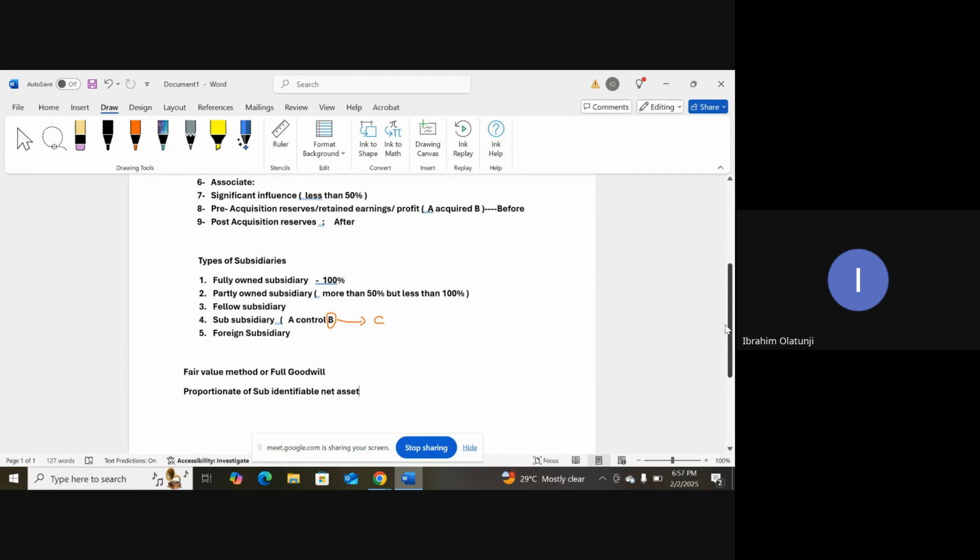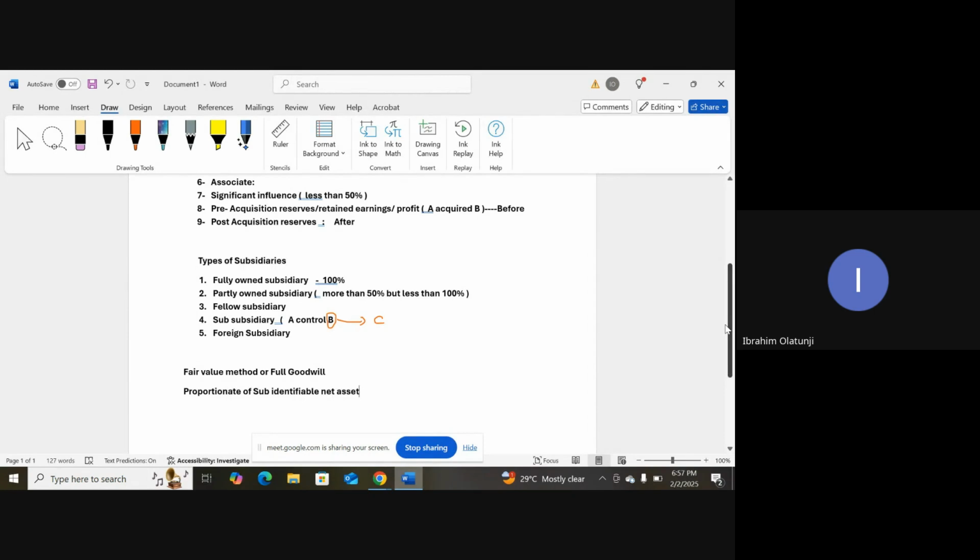You understand? You cannot just say, okay, they are giving you questions and you want to use any policy that you like, probably because you know one and you don't know the other. For the purpose of exam, we have to value the non-controlling interest based on the policy of the group.